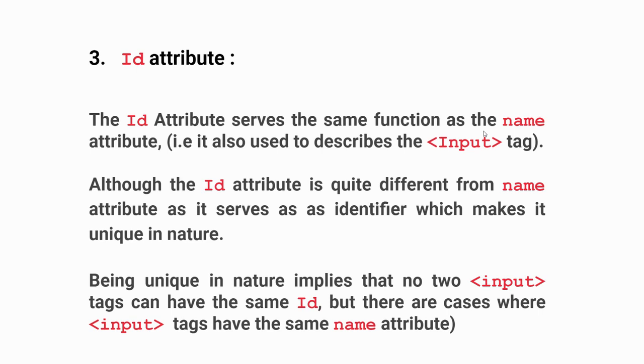So if he wants to reference the input tag, probably when he's styling, if he should reference the input tag using the name attribute, probably he wants to change some things in the first name input tag, it's not just going to affect the first name, it's also going to affect the last name, because both of those name attributes within the input tags hold the same values.